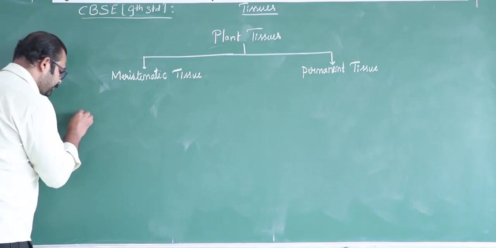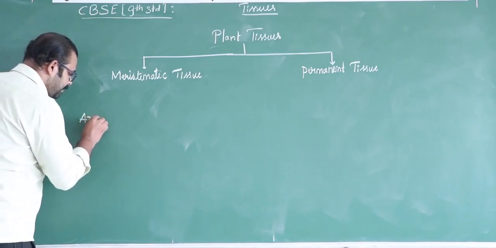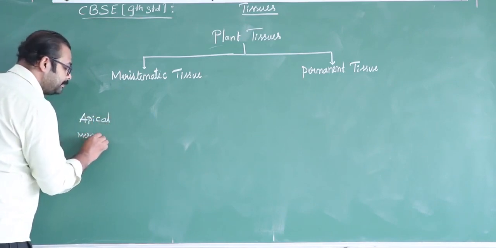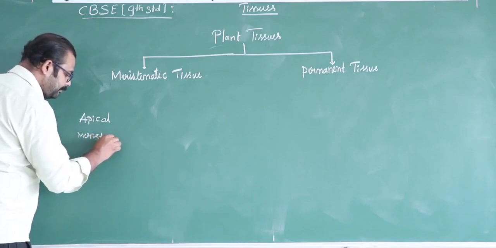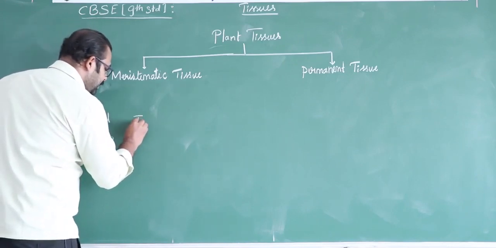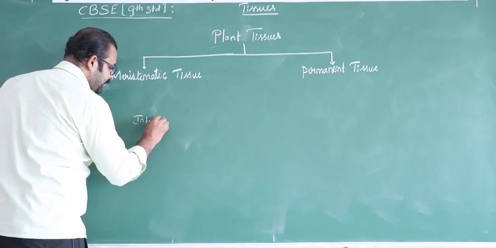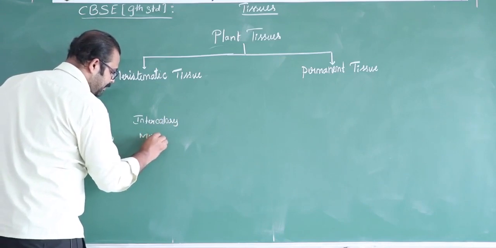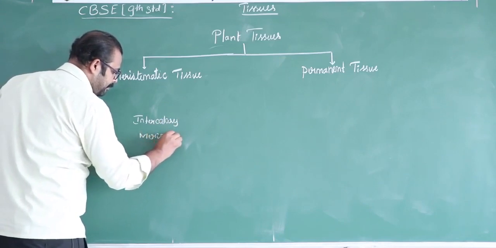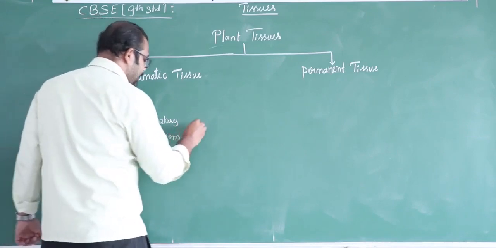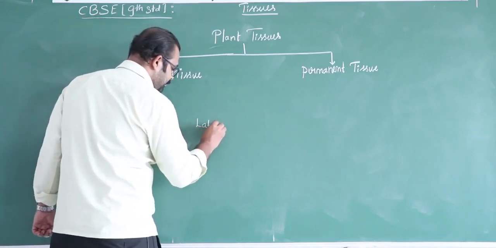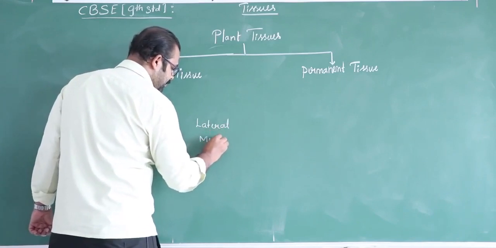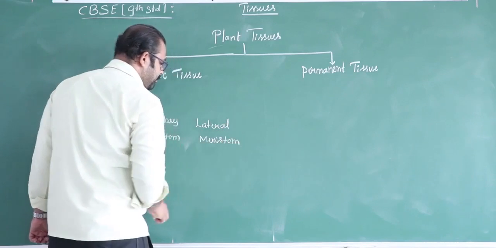It includes apical meristem, intercalary meristem, then the next one, lateral meristem.